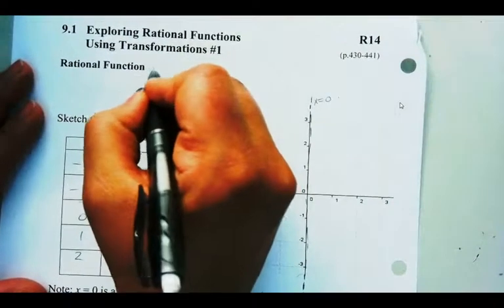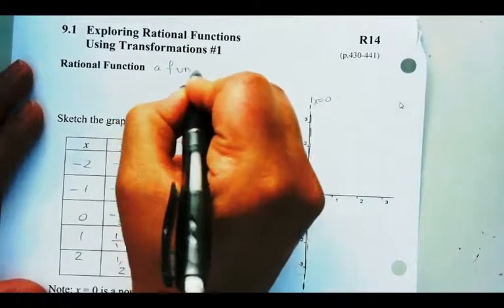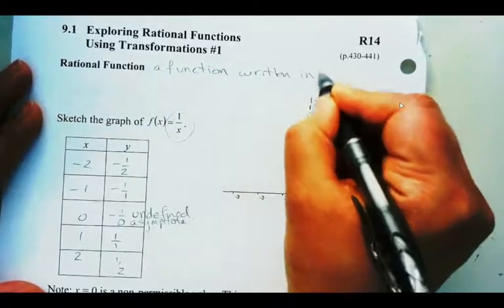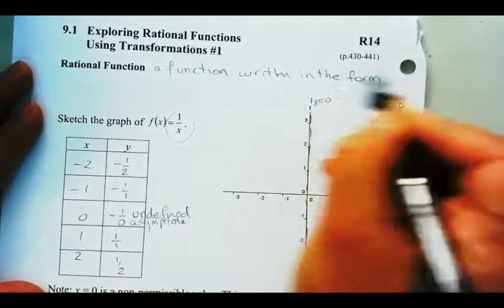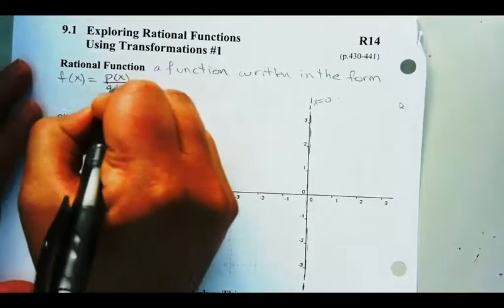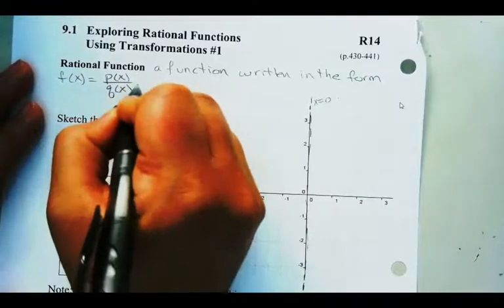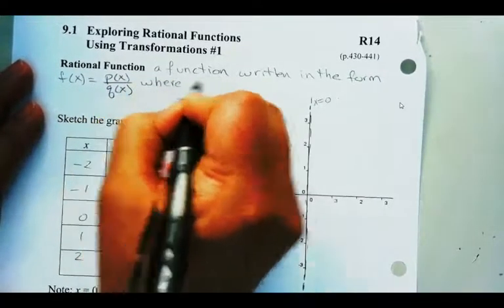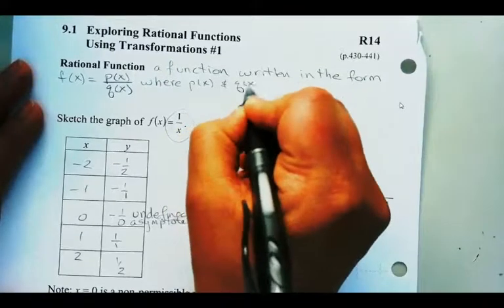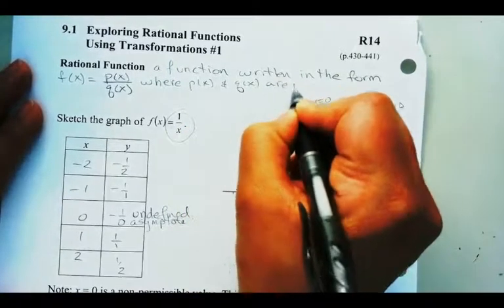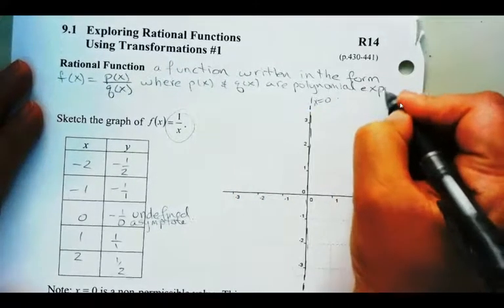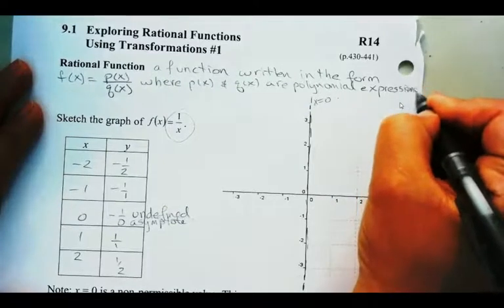A rational function is a function that is written in the form f of x equals p of x over q of x, where p of x and q of x are polynomial expressions.